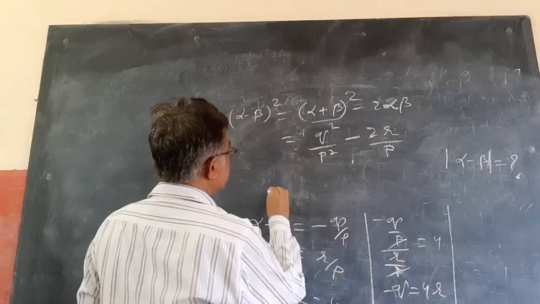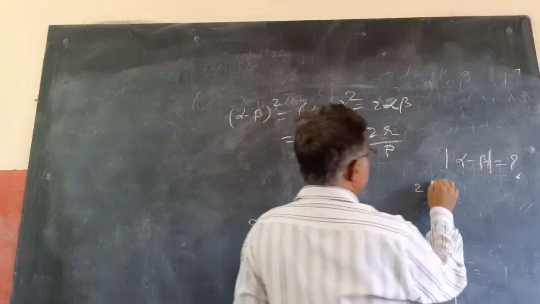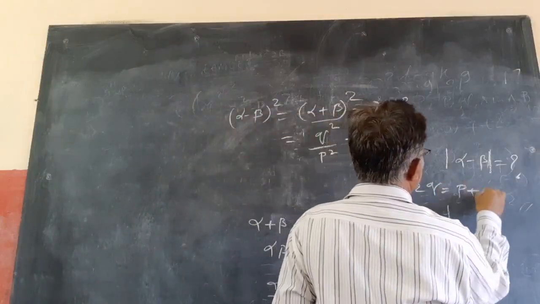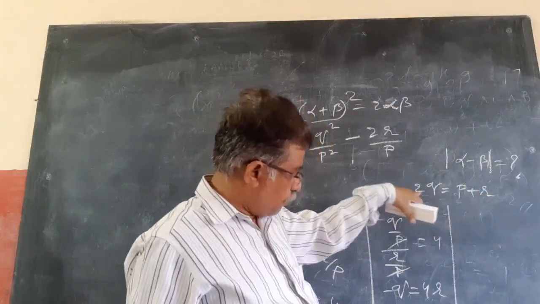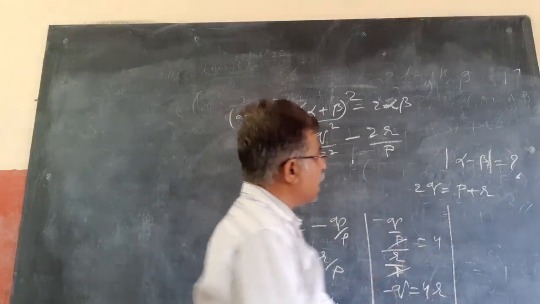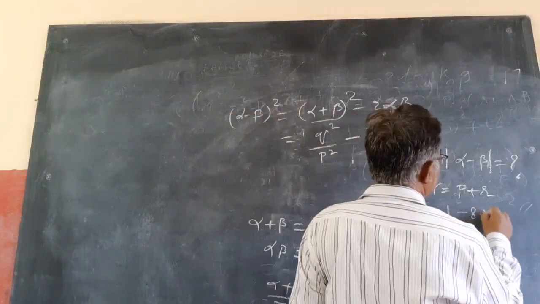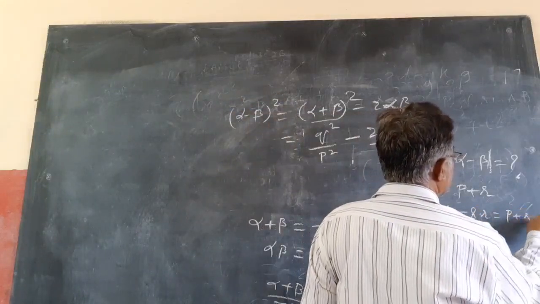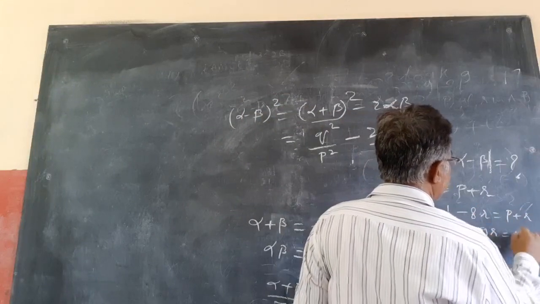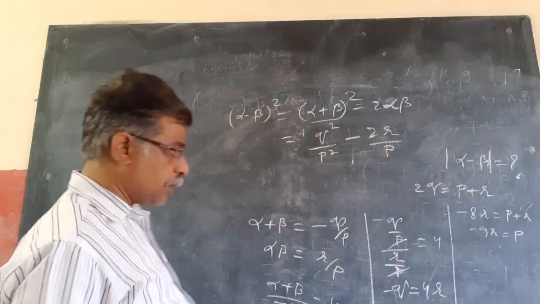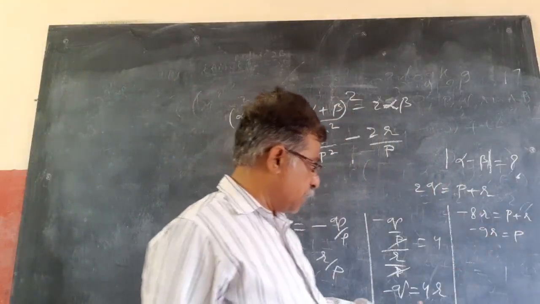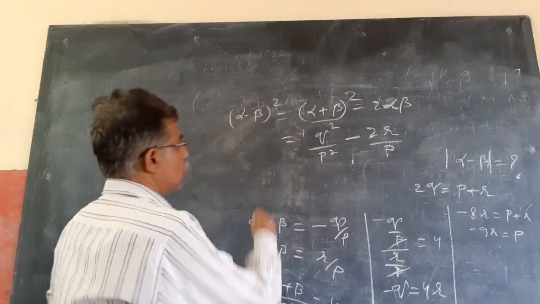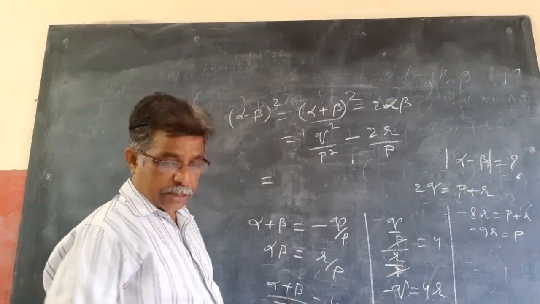Here, if I substitute first of all 2Q equal to P plus R, I can substitute Q as minus 4R, so minus 8R equal to P plus R. So minus 9R equal to P. So P equal to minus 9R, Q is equal to minus 4R. So now I will substitute here.